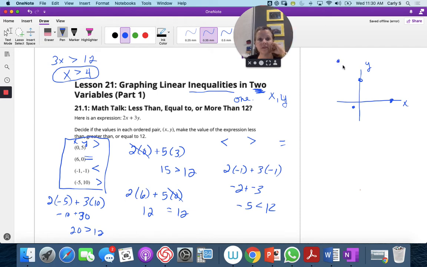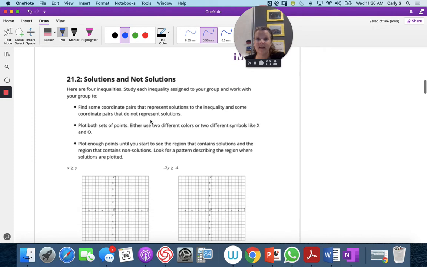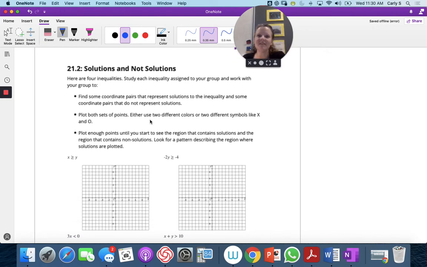We found if these four ordered pairs were greater than, less than, or equal to an expression in two variables. All right? So we found that out by substituting and evaluating. Okay, so solutions and not solutions.